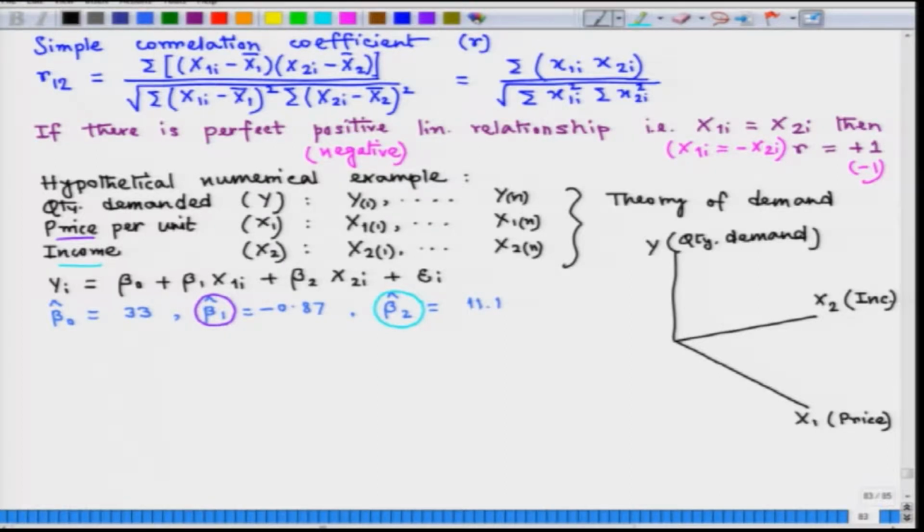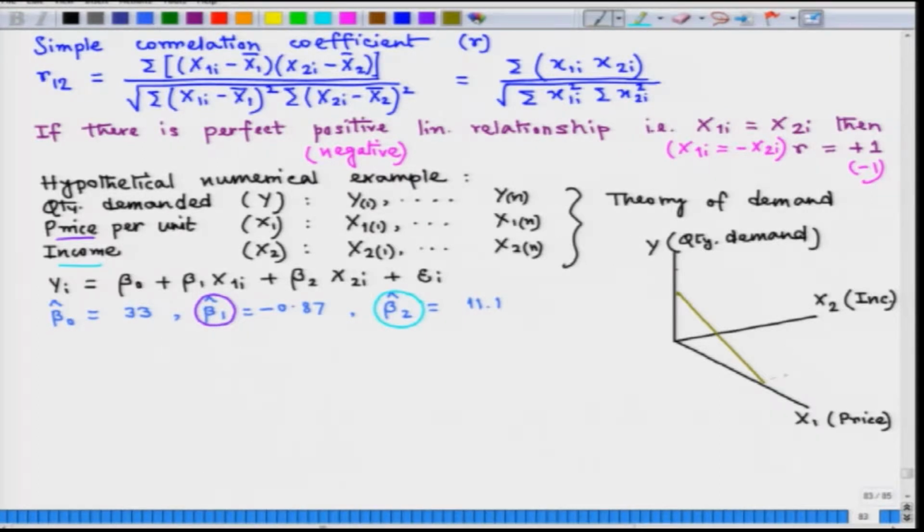Okay. So, now let us have the relationship plotted. So, let us first look at the relationship between quantity demand and price. So, we expect a negatively sloped straight line, right. So, let us first draw that. Okay.